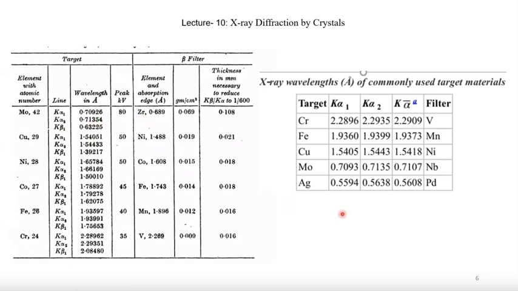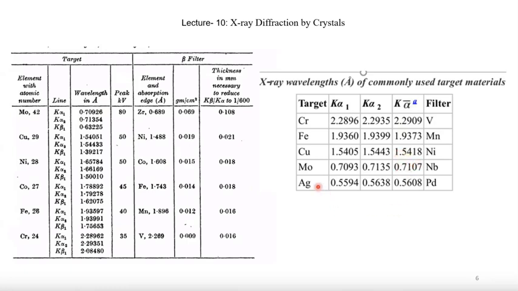Okay, here is another thing we talked about: in many cases, we use K alpha 1 and K alpha 2 together, and this is the average of the K alpha. This is the wavelength we use when we are talking about chromium, iron, copper, or molybdenum.